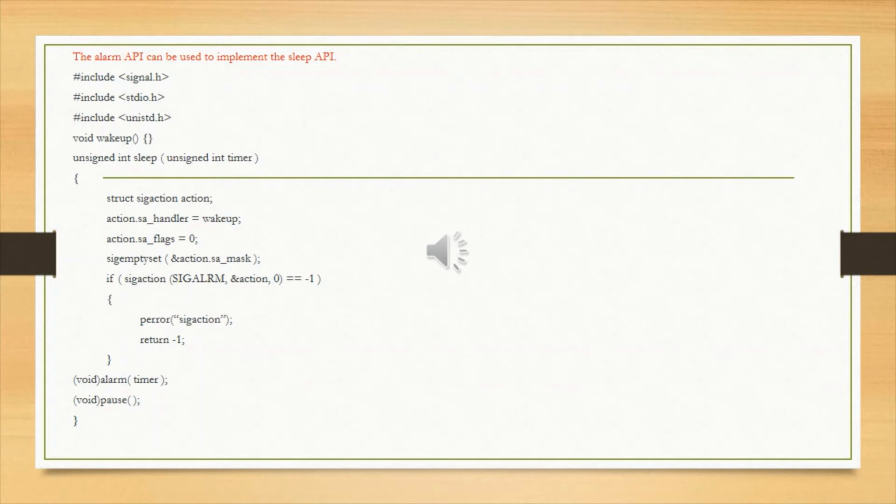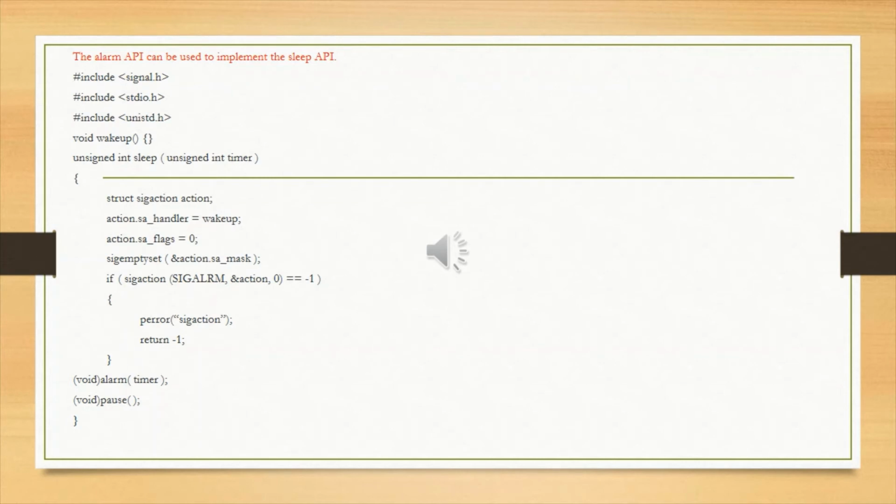If sigaction with SIGALRM and action returns less than 1, then print the error from sigaction and return -1. Otherwise, the valid alarm timer is finalized, the parent is updated, and the pause function is called to perform the pause operation.